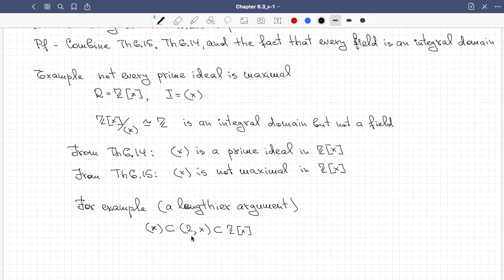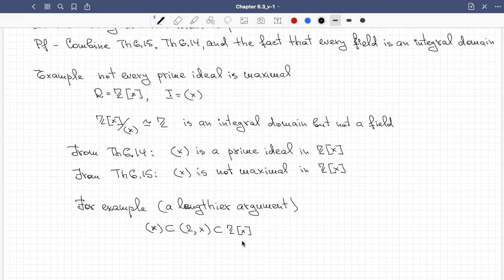So we discussed this ideal in detail as a finitely generated ideal which is not principal. Now it is an example of an ideal sitting exactly in between this ideal, which is prime but not maximal, and the whole ring.